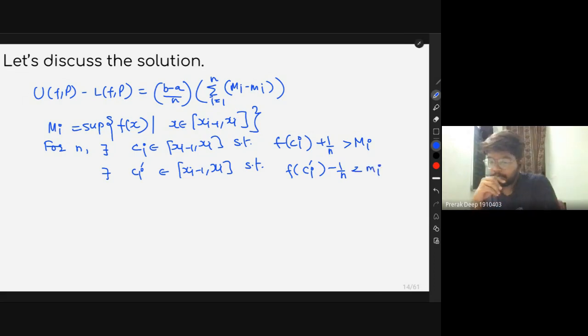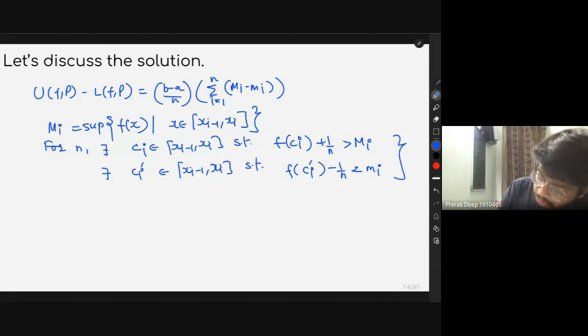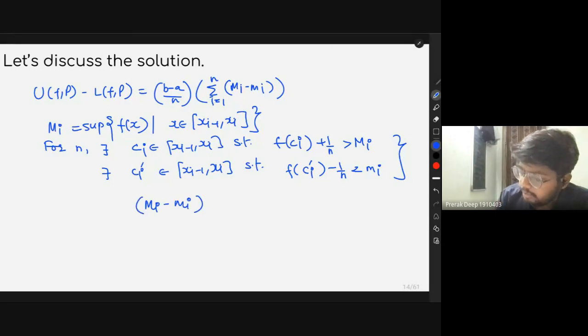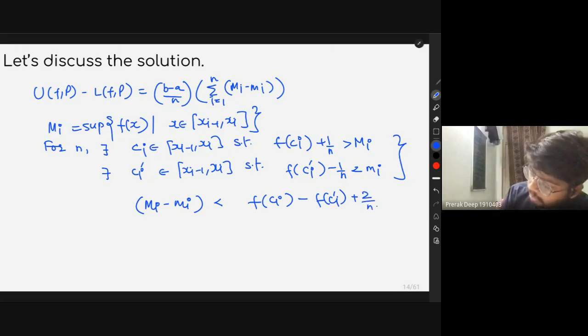Okay, so now from these two equations, what happens if I consider the difference? This quantity will be smaller than this quantity, and then the sum is 2 over n. Correct?